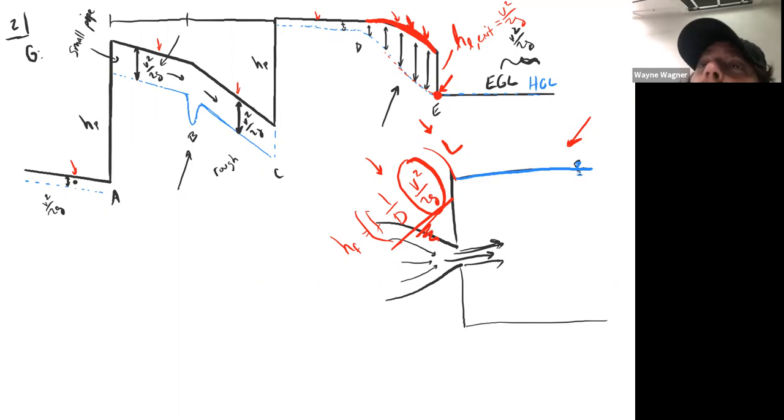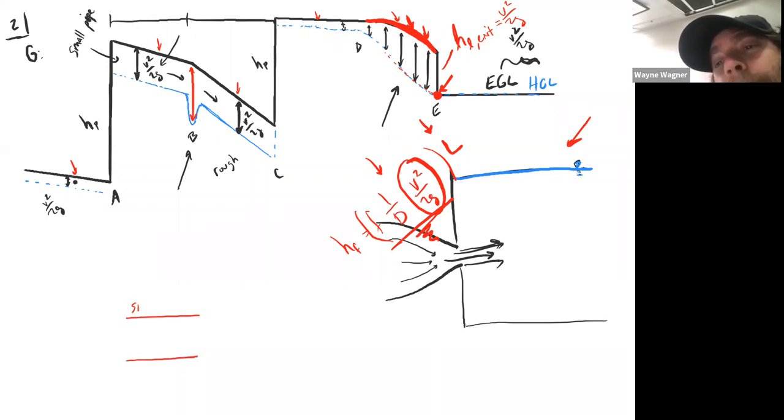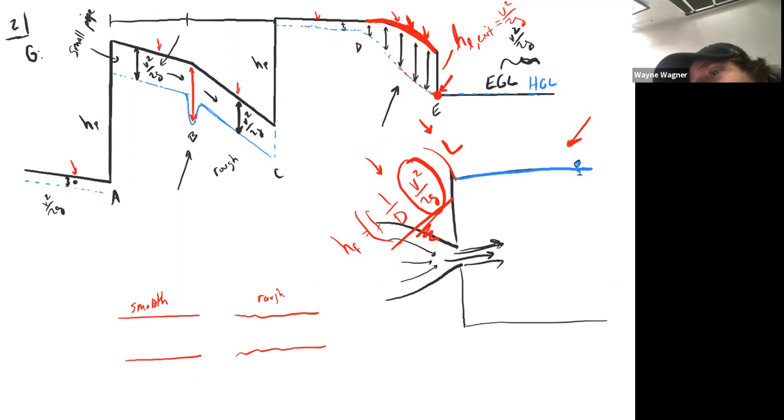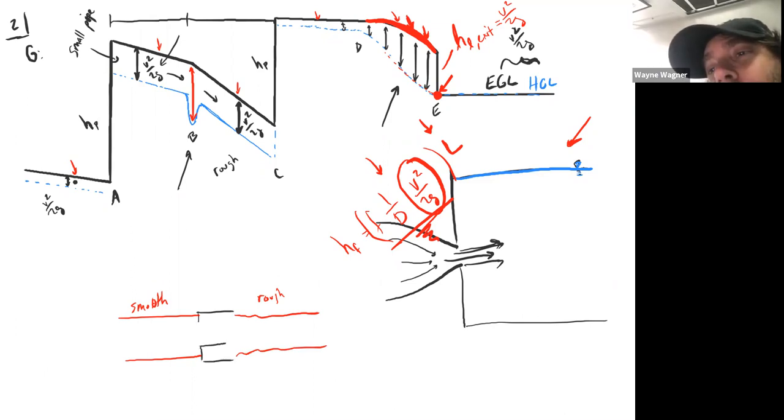So the way I think of this, whenever I see this problem, is that they probably have a smooth pipe, and then they've got a rough pipe, so maybe I'll draw that kind of rough. And then they wanted to attach them, and they're like, what do we have to attach it? Well, the only thing I've got is this thing that, when it attaches, blocks a certain amount of the flow.